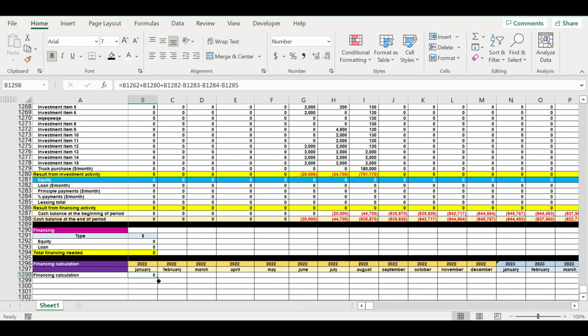Then we extrapolate this formula to the right, then we go here and add the previous value to make this formula cumulative.